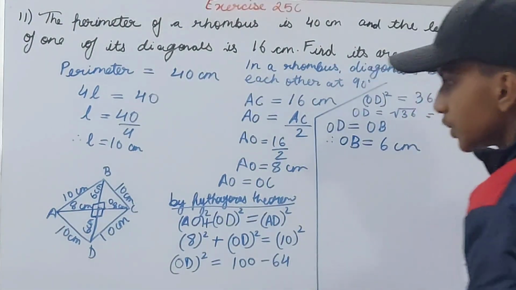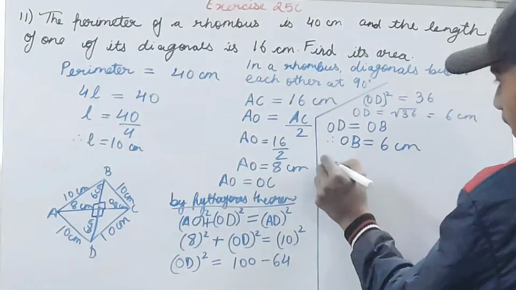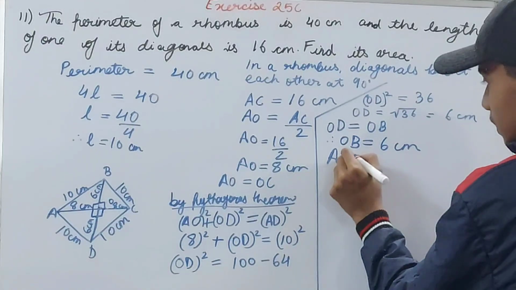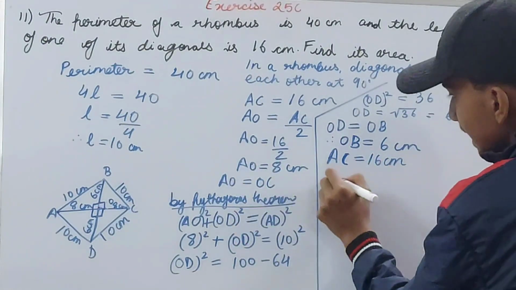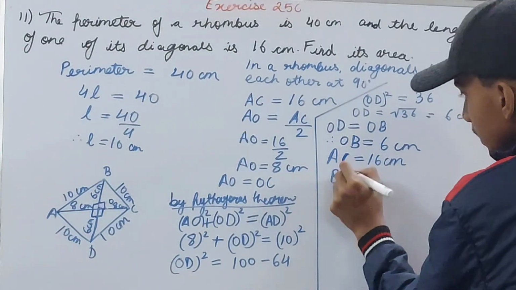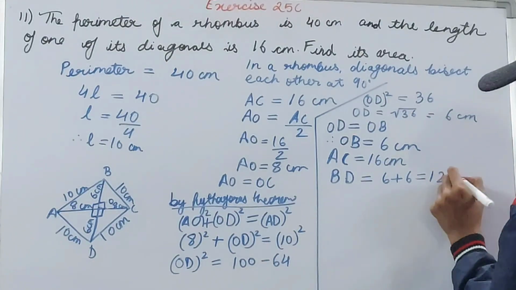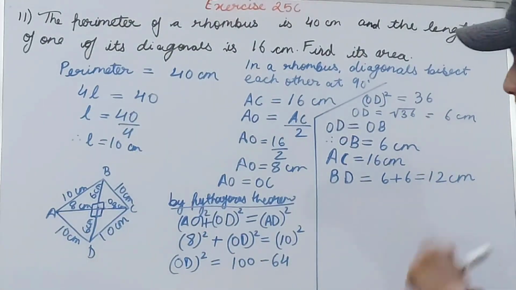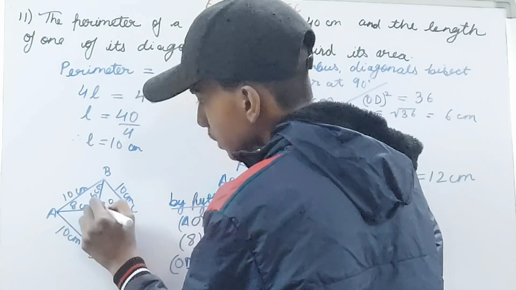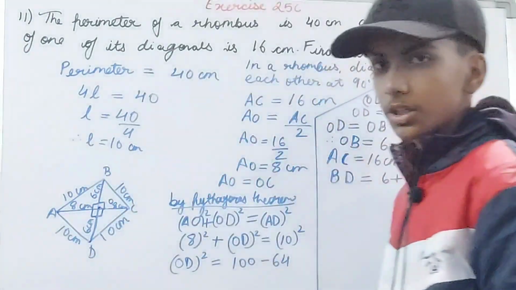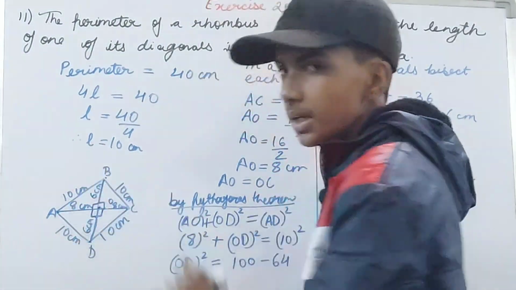Now the main part is to calculate the other diagonal. First diagonal was AC, which we have taken as 16 centimeters. Second diagonal is BD, which will be 6 plus 6, that is 12 centimeters. Why 6 plus 6? Because D to O is 6 centimeters and O to B is again 6 centimeters, so add both of them.